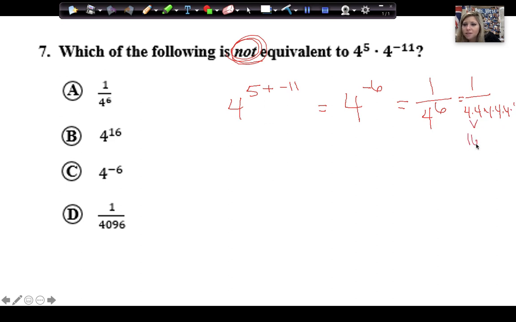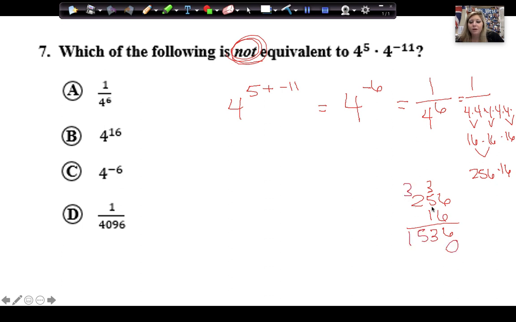So 4 times 4 is 16, 4 times 4 is 16, and 4 times 4 is 16. And we're just multiplying these together. 16 times 16 is 256. If you didn't know that, you could do that off to the side. We can't use a calculator here, so now we have to do 256 times 16. 6 times 6 is 36. 5 times 6 is 30, plus 3 is 33. 6 times 2 is 12, plus 3 is 15. 0 to hold our place. 1 times 6 is 6. 1 times 5 is 5.